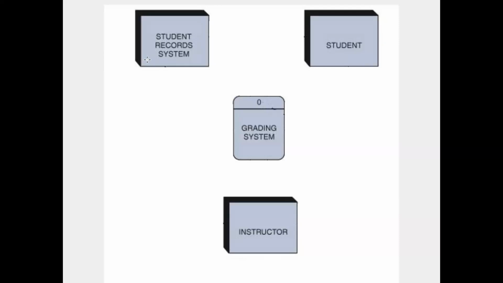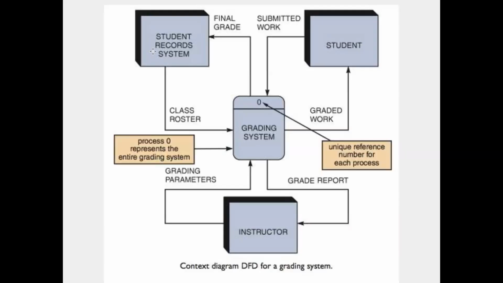The next one is you draw arrows which indicate data flows. So here are some arrows which indicate data flows. Now, for example, the student is submitting his work, we call it submitted work. And then the instructor provides some grading parameters.